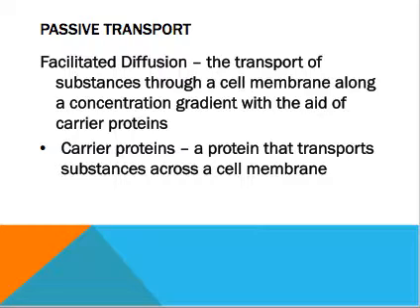Facilitated diffusion. I talked a little bit about simple diffusion. Simple diffusion is going from an area of high concentration to low concentration straight through that cell membrane. When it is facilitated diffusion, it's still going from high concentration to low concentration, but we're adding carrier proteins. That's all it is. This is the protein that helps that substance cross the cell membrane.